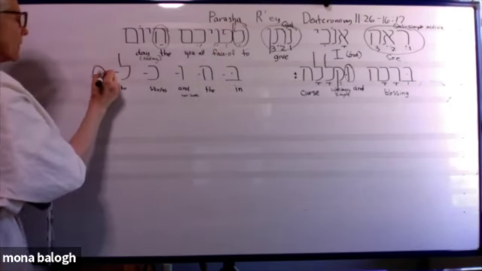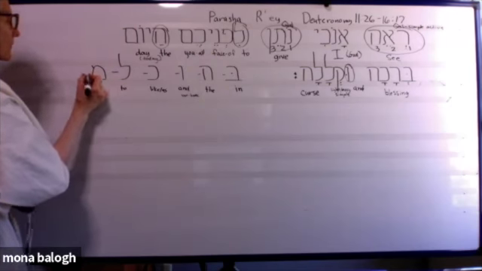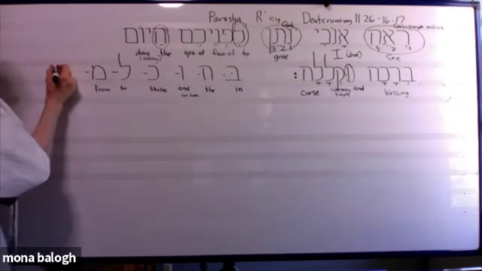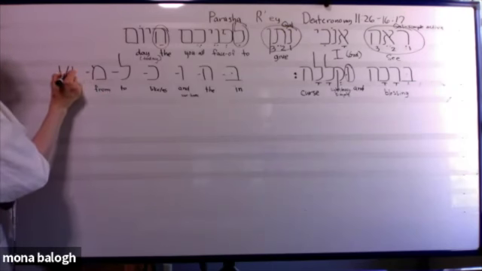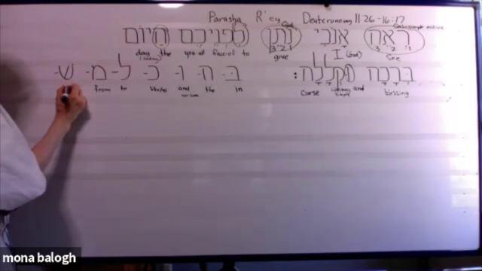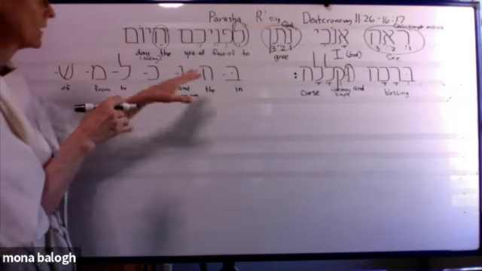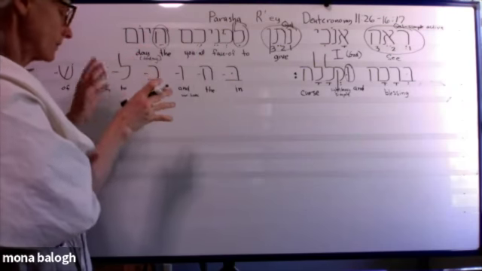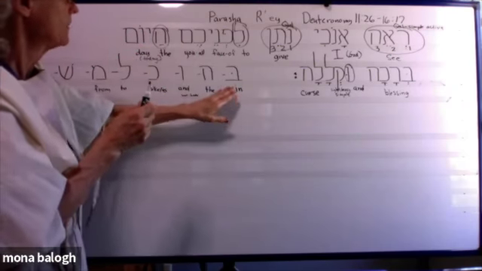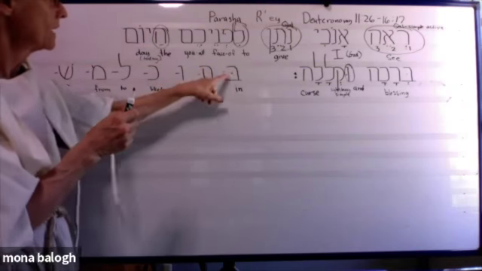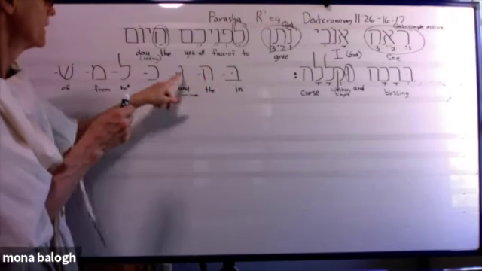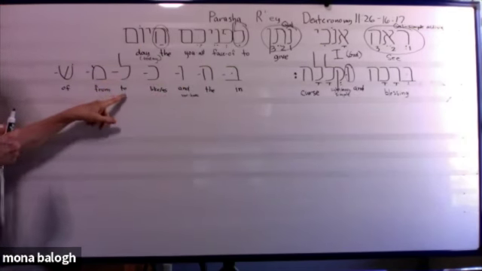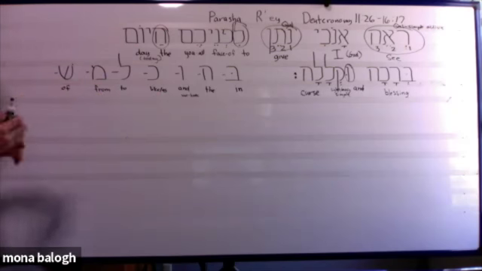And then right next to it is mem, from. And then sheen, which means that. Again, these are words that come before the actual main word. They're always attached, but they can mean these words here: in, the, and, like as, to, from, of.